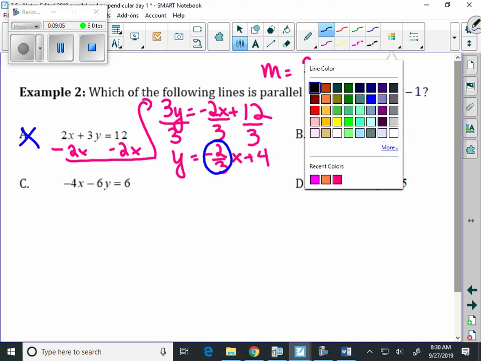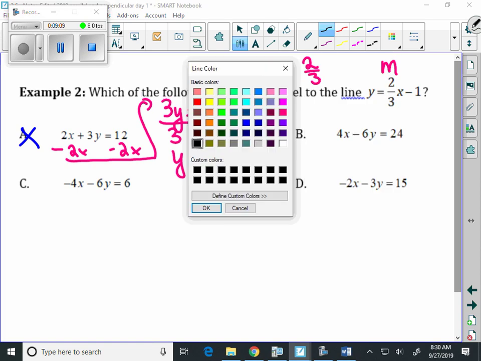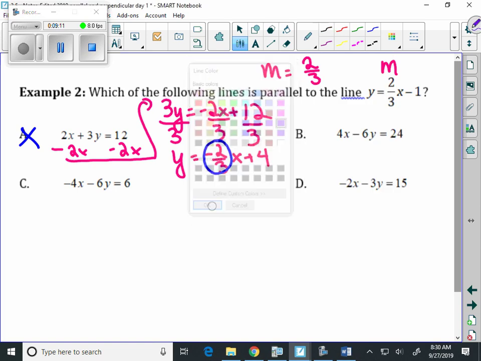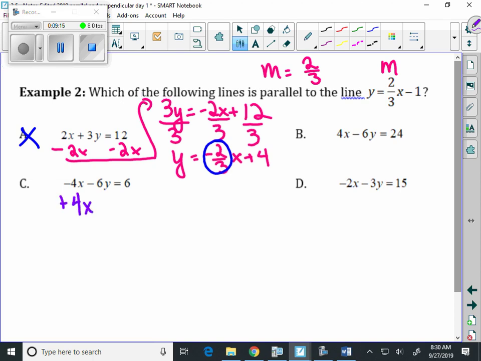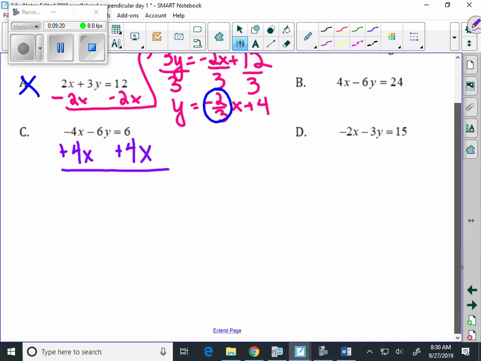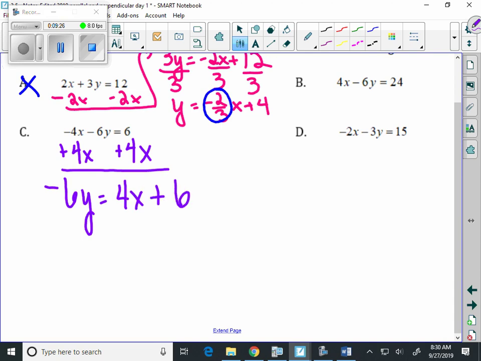If we look at letter C, I just went downward here, and it doesn't matter. Oh, wrong one. But if we solve for y, we can add 4x to both sides, and I know I had to squeeze it in, but we get negative 6y equals 4x plus 6.